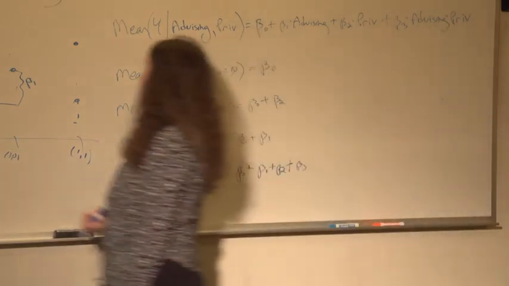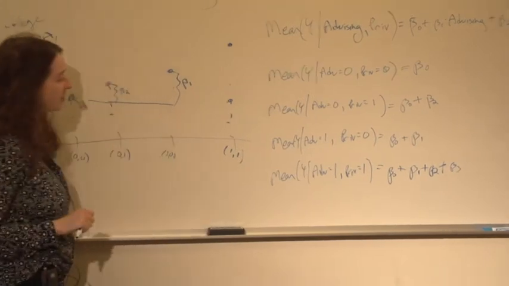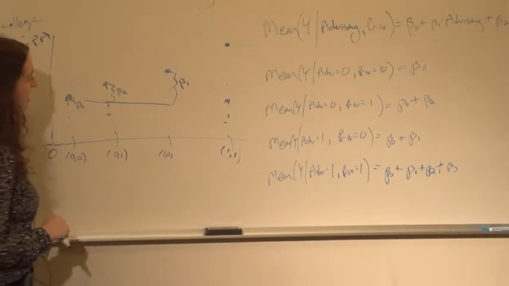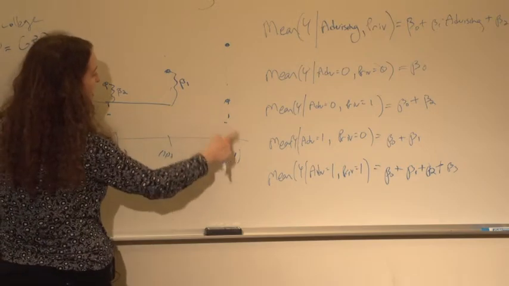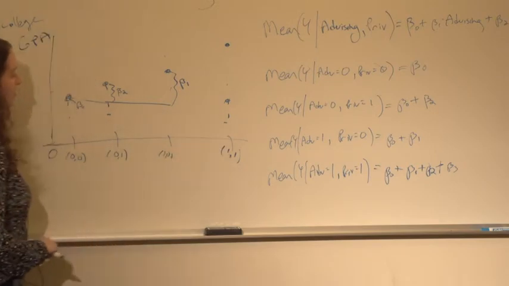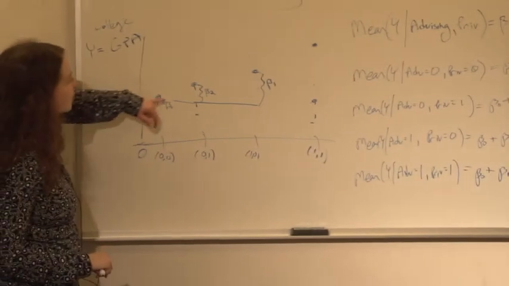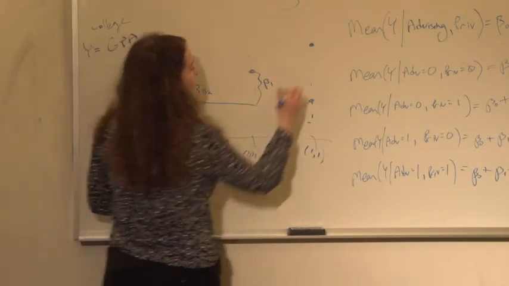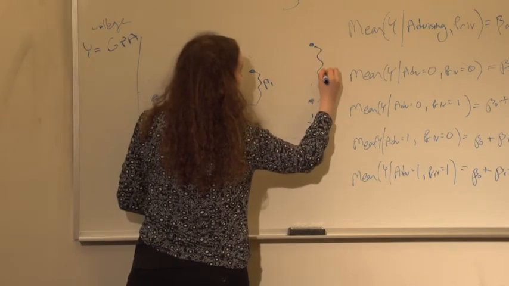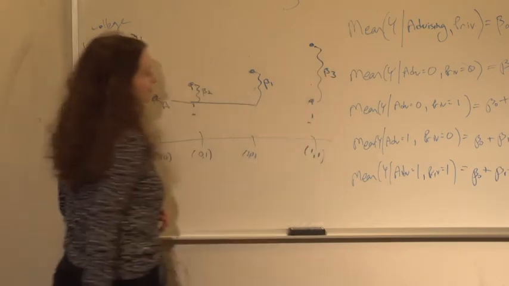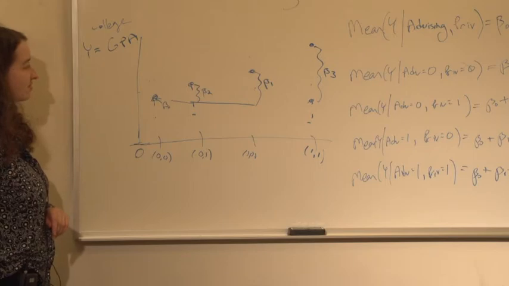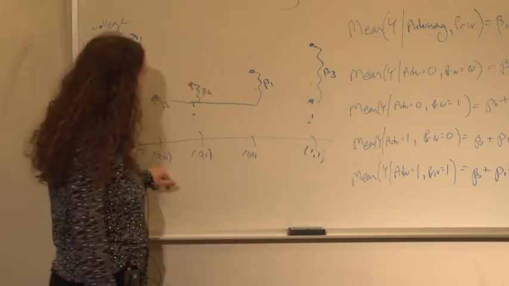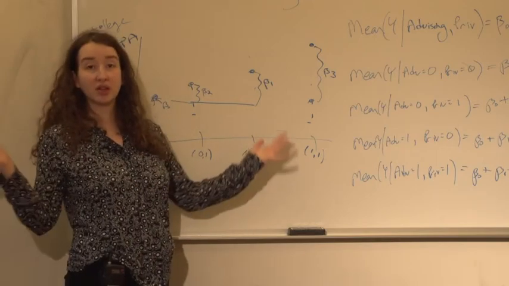And what's the impact of that? Now beta 3 is equal to the amount by which the mean in this 1-1 group differs from what we would have gotten if we hadn't put that third term into the model. Why do we do that? By putting in this interaction, we're allowing the 4 groups each to have totally different means.